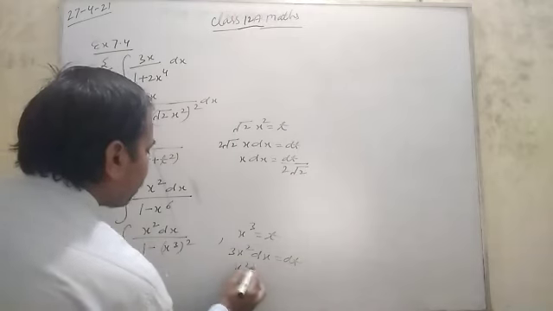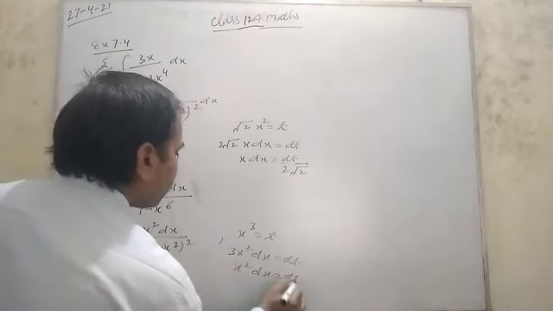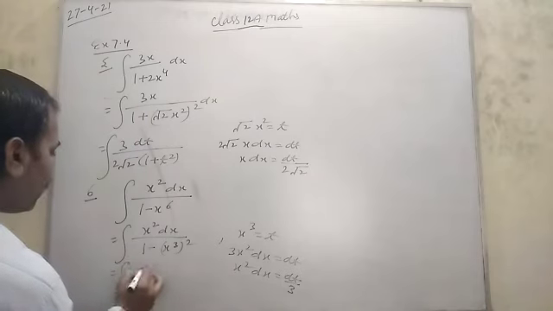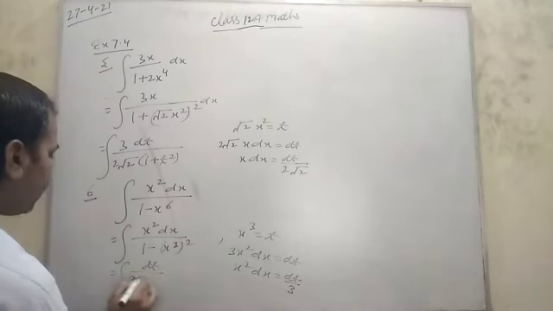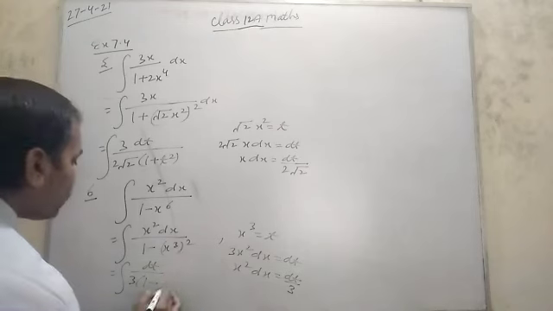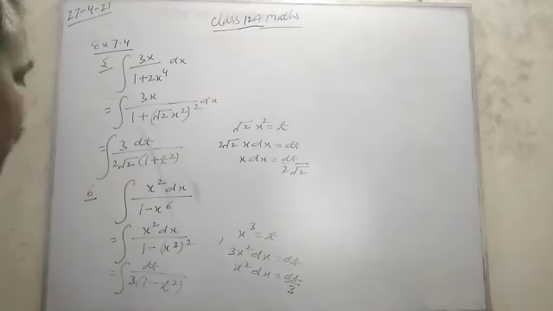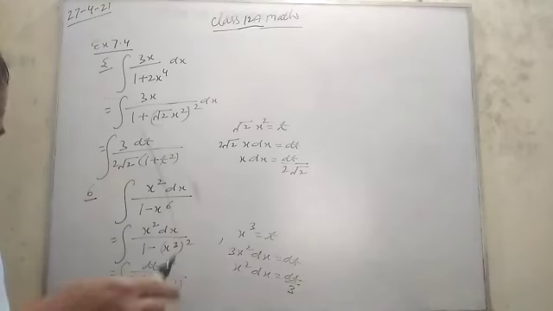So x square dx is equal to dt by 3. Put here. So dt by 3 and in bracket 1 minus t square. Then apply formula. After that putting t value. Okay. Then question number 6, this was 6. Okay.